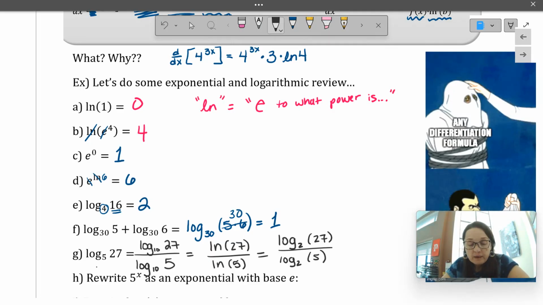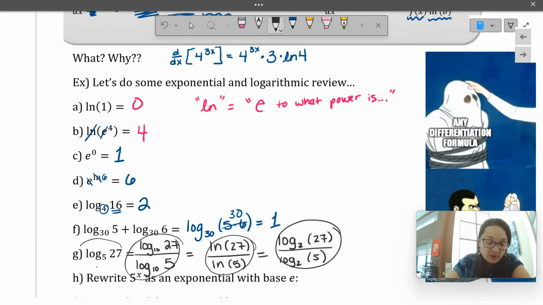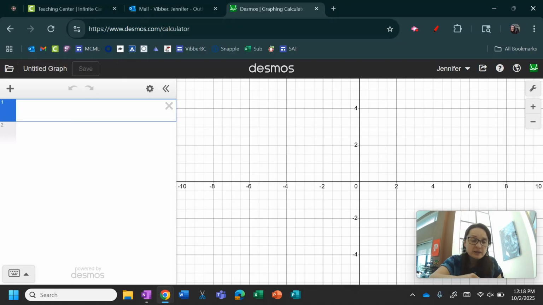Okay. Now, I am not saying that log base 10 of 27 is equal to ln 27. I'm not saying that. I'm saying if you divide these, you get the same number as if you divided those, as if you typed in log base 5 of 27. And I just want to show you real quick on Desmos.